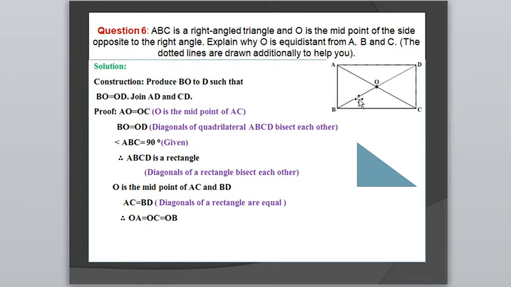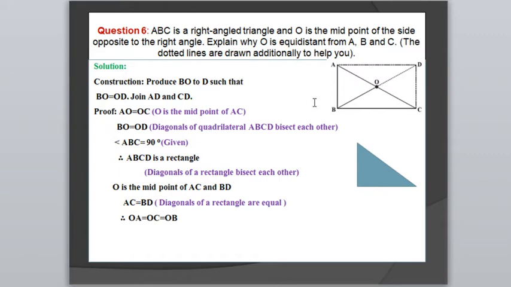Whatever the length of the line is here, the same equal line we have to extend. Then join AD and CD. By joining this we get a quadrilateral with 4 sides.